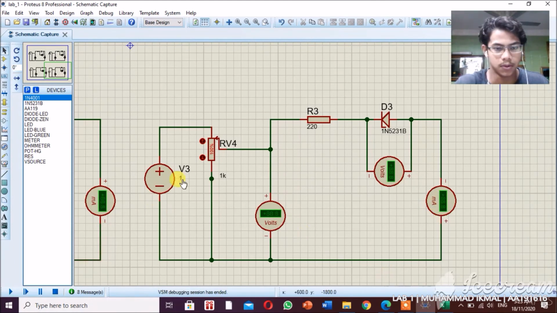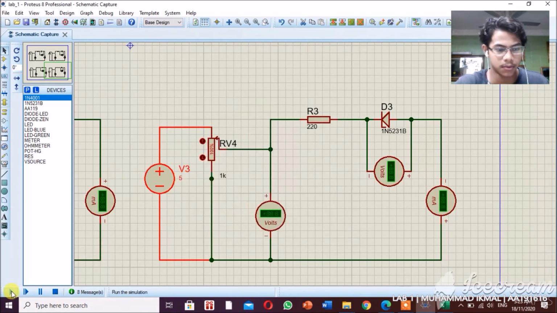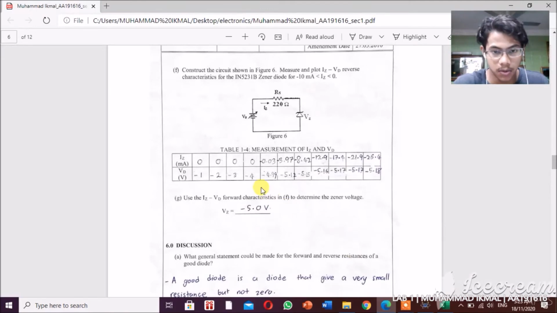Let's try for 5. The voltage will be minus 4.99, and the current will be 0.03 milliampere, which is the same as this calculation and this measurement.